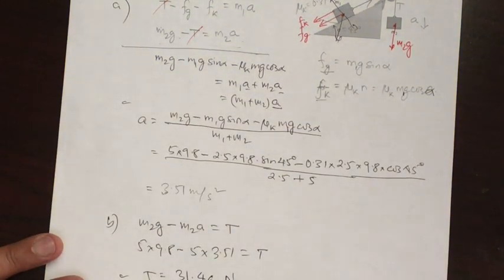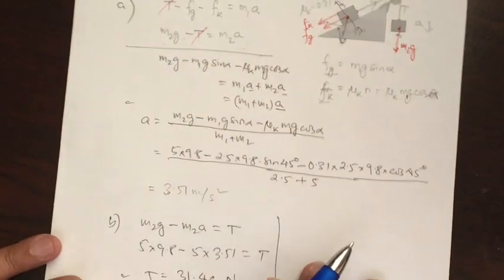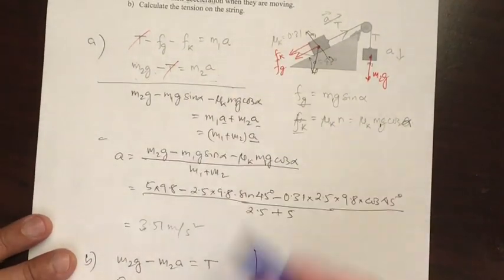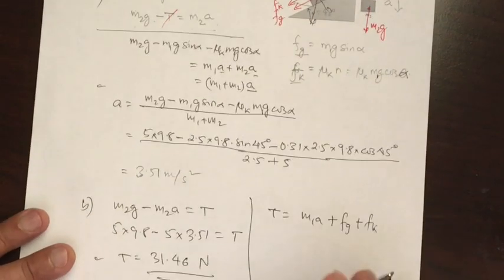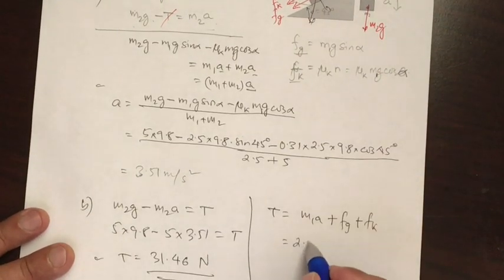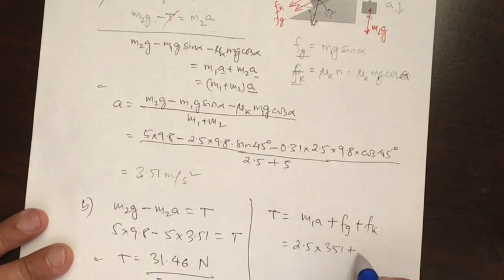Okay, so this is pretty simple. You can also verify it by plugging into equation 1 to make sure this is right. From equation 1, T equals m1 a plus F g plus F k. m1 a is 2.5 times 3.51, plus F g.